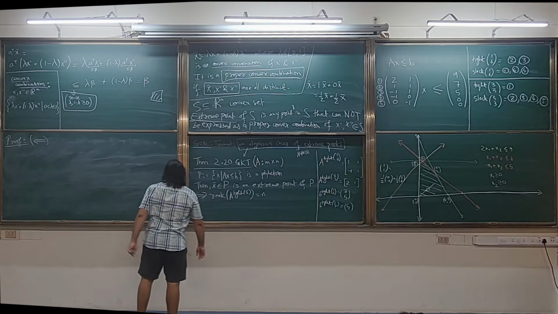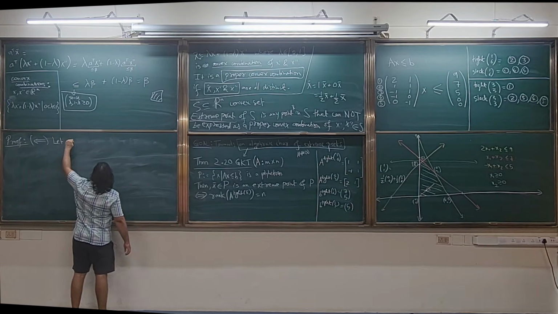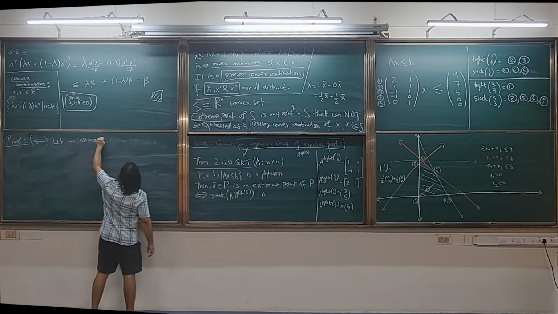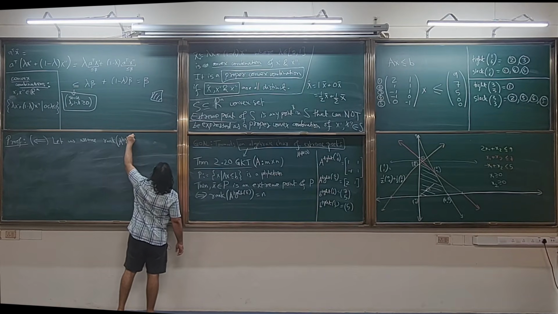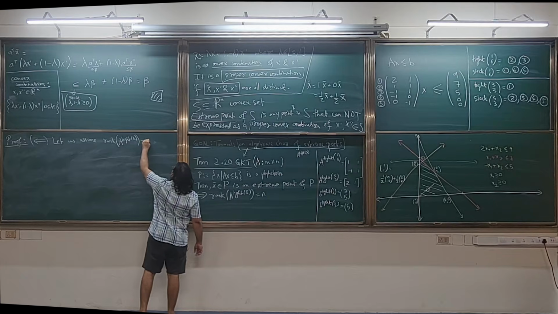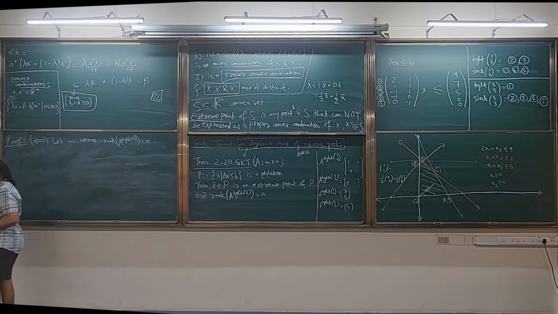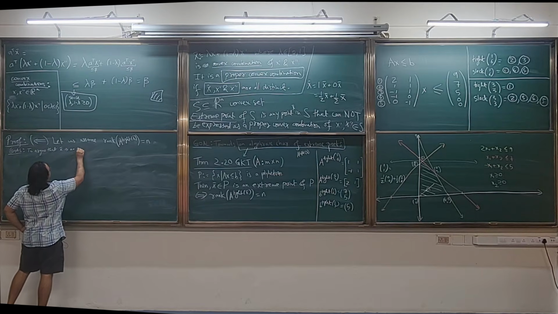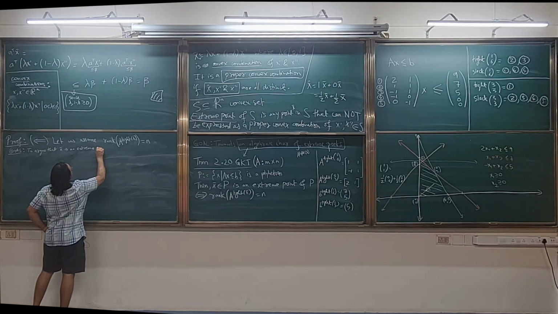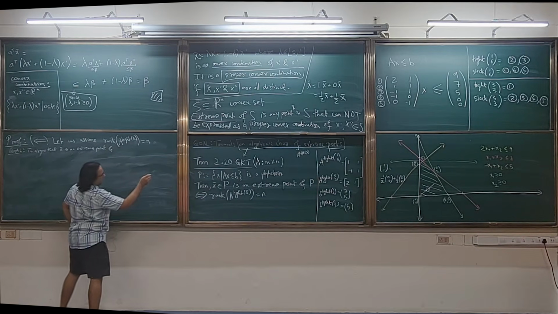So let's suppose that the rank of the matrix A is equal to n. And our goal is to show that this is an extreme point of the polyhedron.